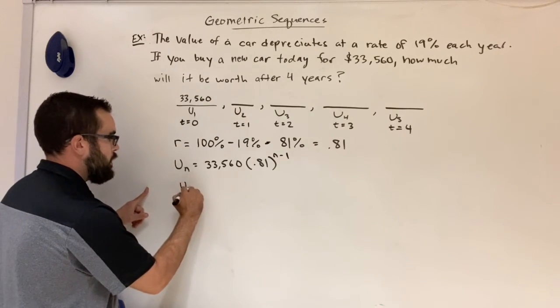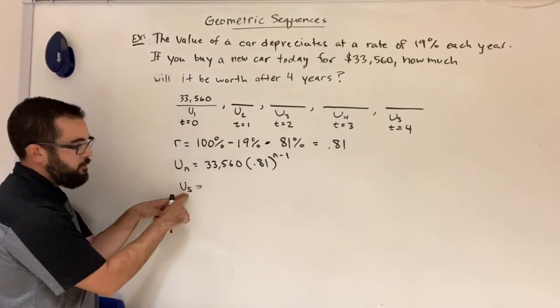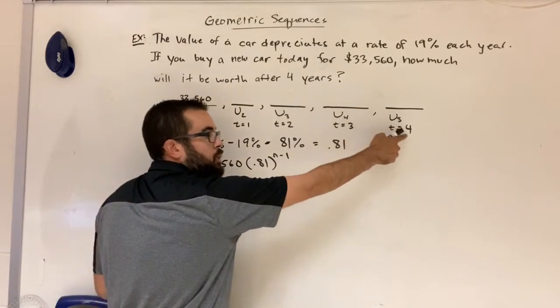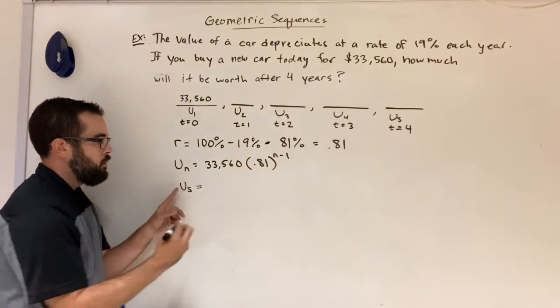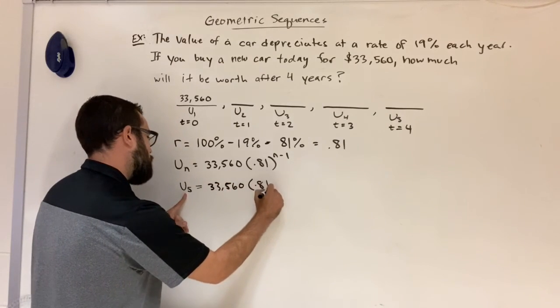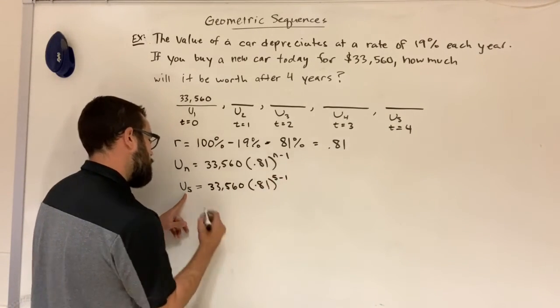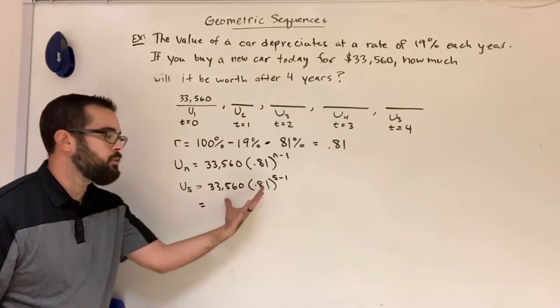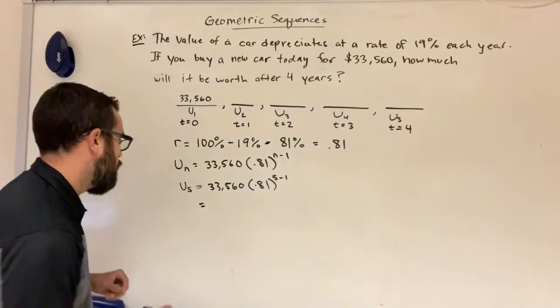So then our answer is going to be u sub 5. Remember that corresponds to 4 years. So then you just plug it in. Okay, and this is definitely a calculator problem.